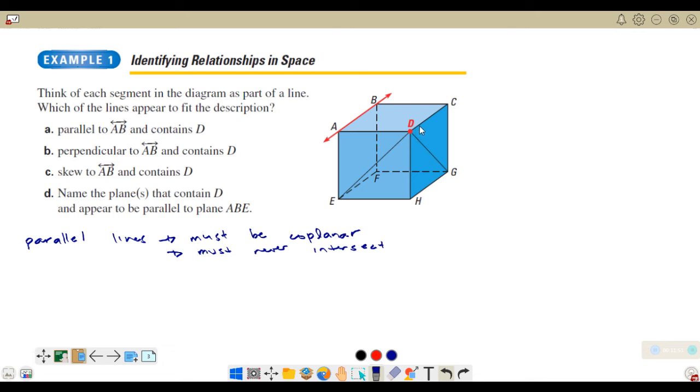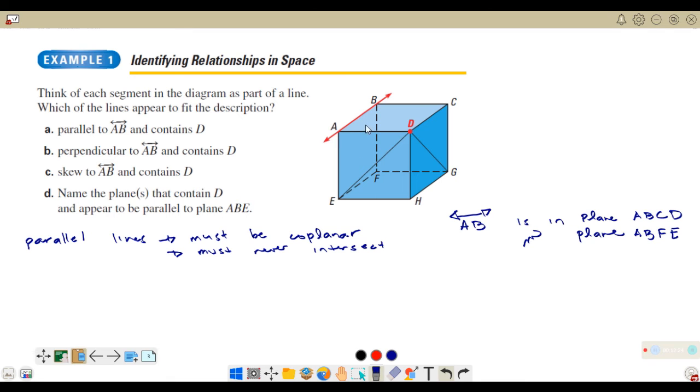We know that intersection of two planes is a line, di ba? So, si AB, line AB, is in plane ABCD and plane, ito, yung nandito, we have ABFE.